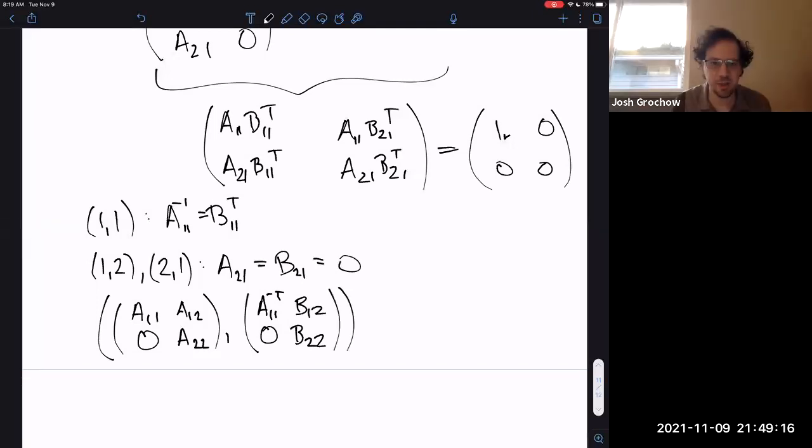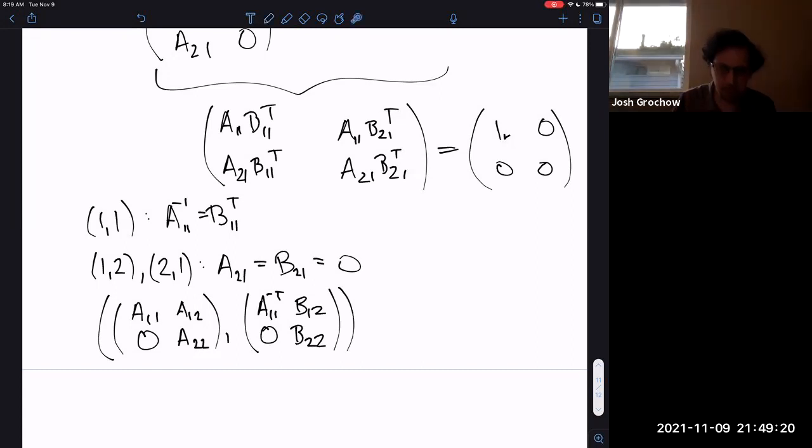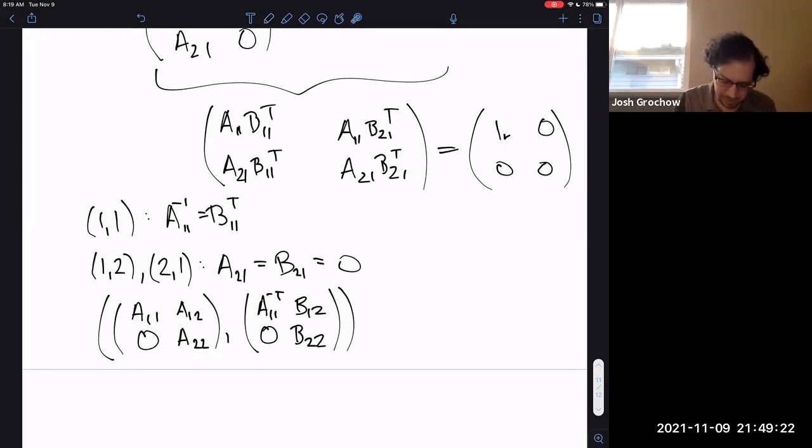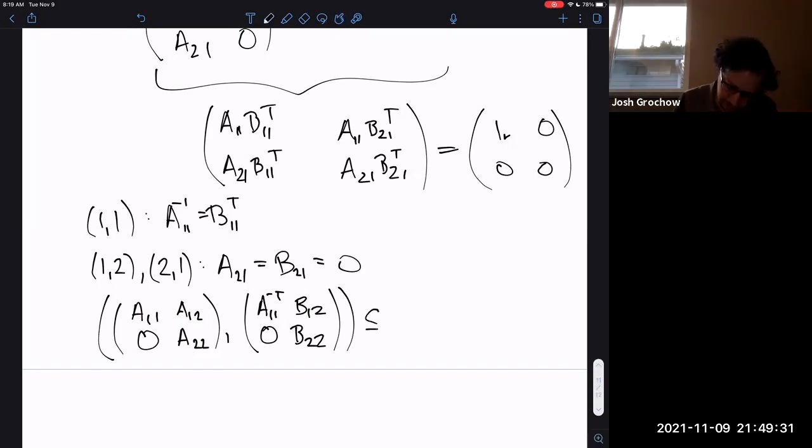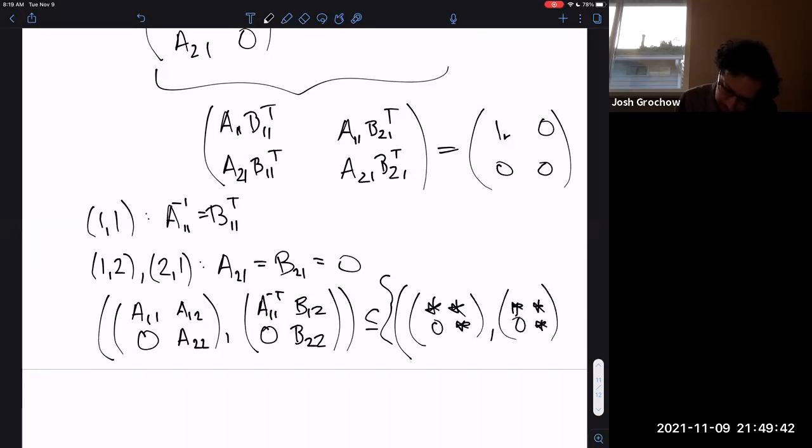So this is my stabilizer. Notice it has this block form, exactly this block form with these upper triangular things. So this is contained in the parabolic group, which is the set of pairs that look like this. So this will be my P.